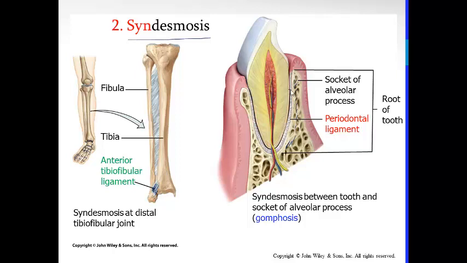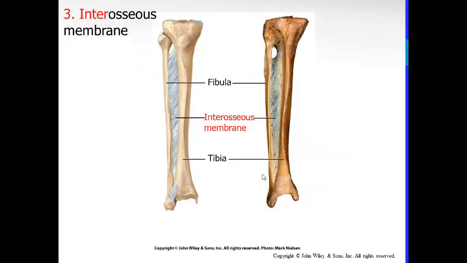In between, we also have ligaments holding them together. These are your periodontal ligament, and this syndesmosis, which is between your tooth and the socket of your alveolar process, is called gomphosis. These are also not very movable, to hold the two structures in place.